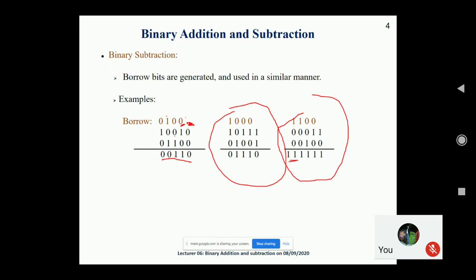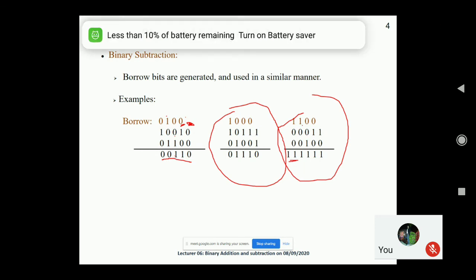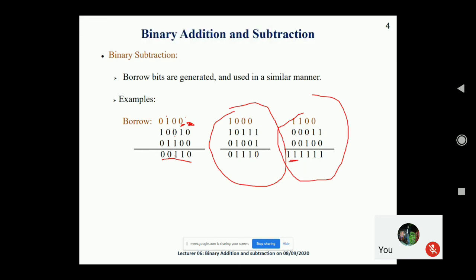Am I correct? 1, 0, 1, 1, 0, 1, 0, 1, 1, 1.